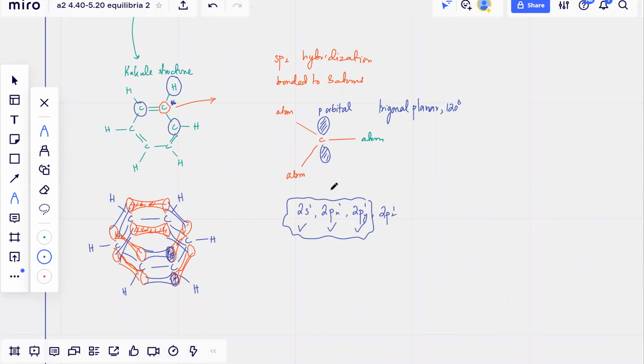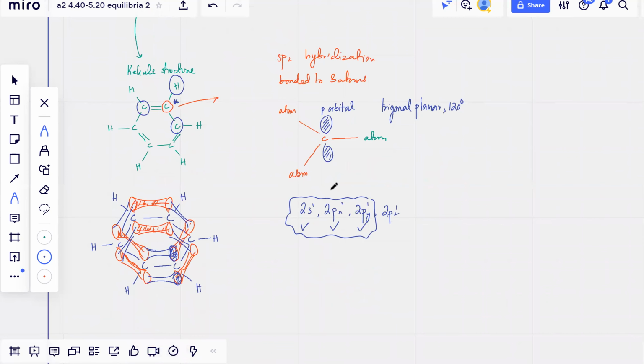And because of that, since every carbon atom is similar to this, I can draw this whole thing again just for explanation. So every carbon atom is making 3 bonds. This carbon atom is also making 3 bonds. This carbon atom is also making 3 bonds. This is also making 3 bonds.